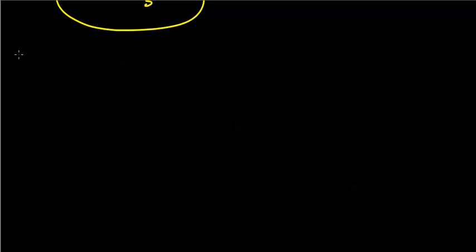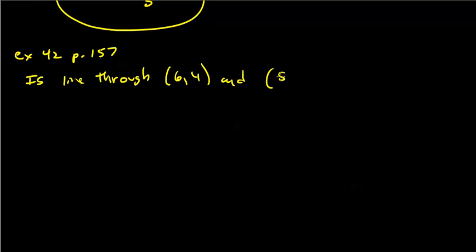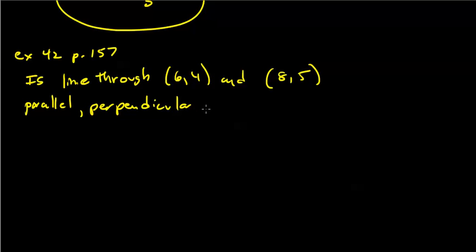This is exercise 42 in your homework list on page 157, and they pose this question: is the line through (6, 4) and (8, 5) parallel, perpendicular, or neither to a line with slope equals minus 2?